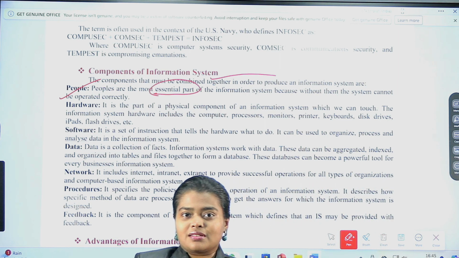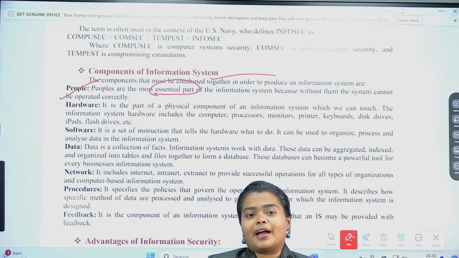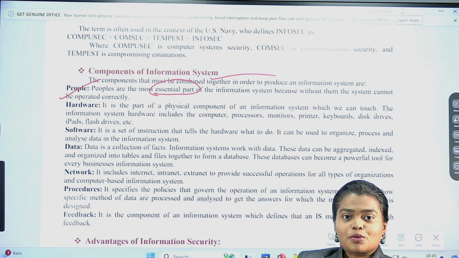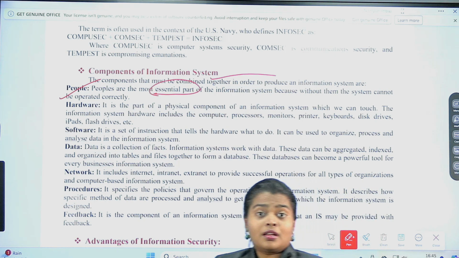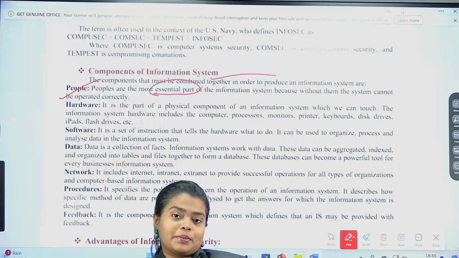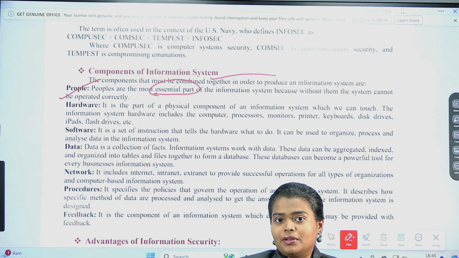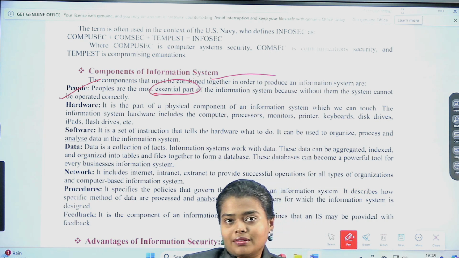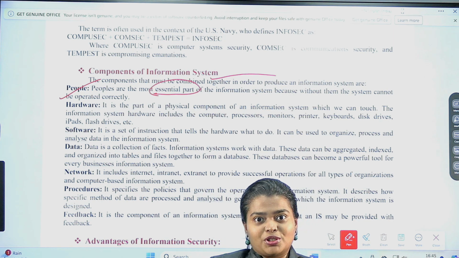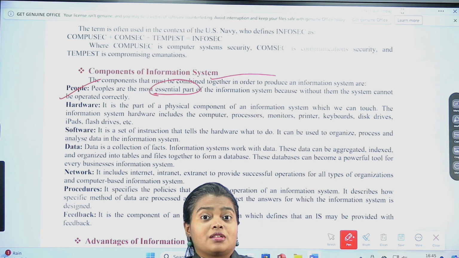The system is a man-made system, made by man, and man contributes to people. People in general are going to use the system. For whom is the system made? Obviously for the people. So the data, the information, is all about the people, and we are going to store the information of the people in our information system. So the first component of the information system is people.